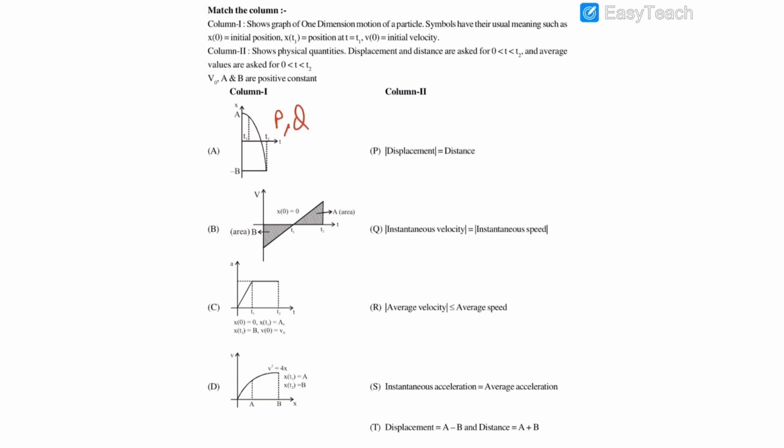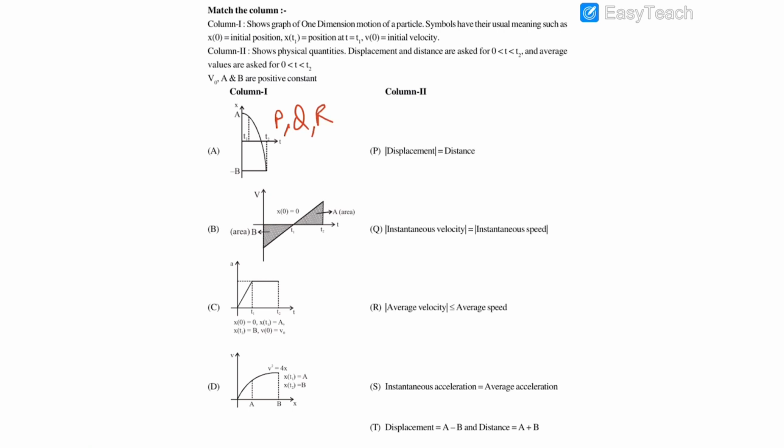So Q is another correct answer for this one. And in option R, average speed is greater than or equal to average velocity. Here we are taking the possibility that average speed is equal to average velocity, because the distance and displacement magnitudes are equal. So R is also a correct answer.